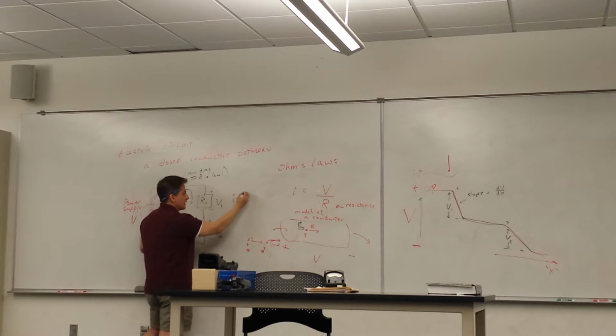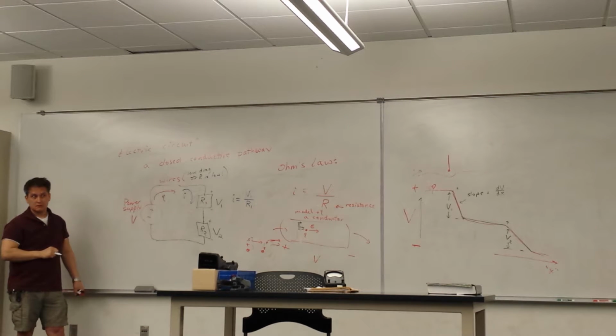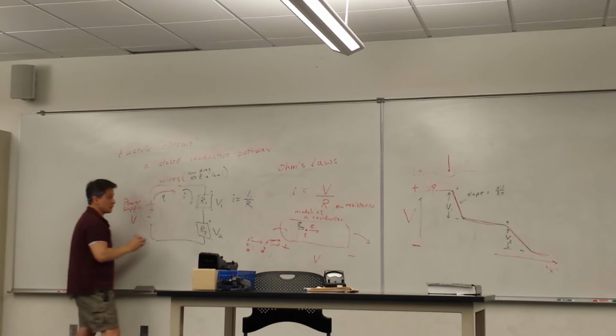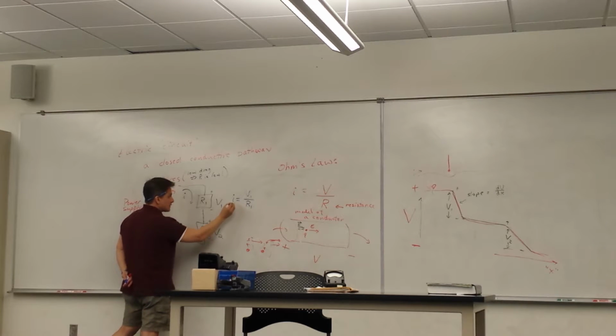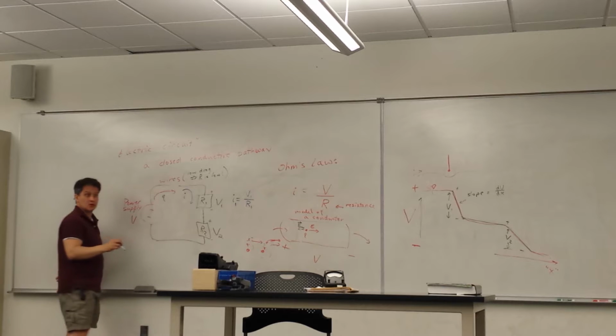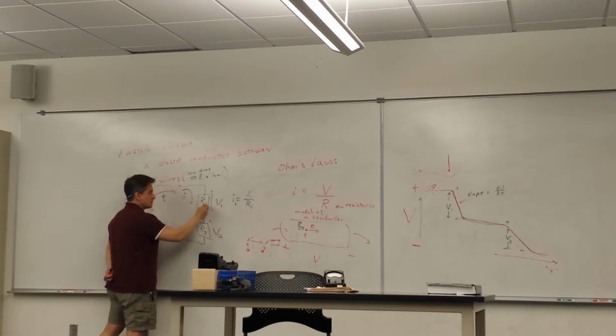The current would be related to whatever this potential difference is divided by the resistance. I'm going to call it I1, current flowing across this first part. You'll see why in a moment.